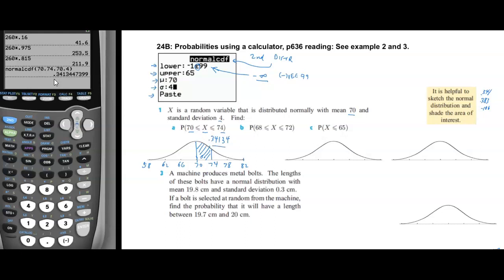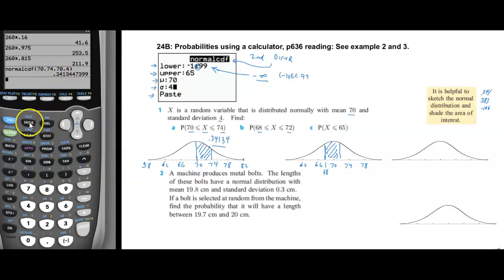Okay, and then let's go to the next one. The next one says between 68 and 72. So first I'm just going to label the bottom, and then 68 to 70. Okay, we're already starting to get some that are in between. So 68 is actually in between standard deviation lines. 72 is actually in between standard deviation lines. So now we have to use the calculator.